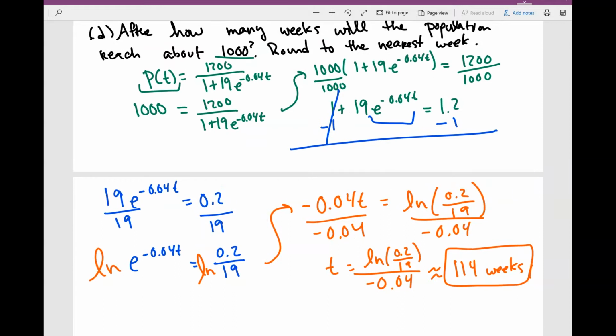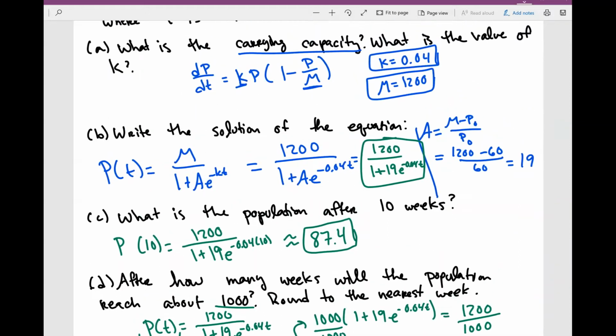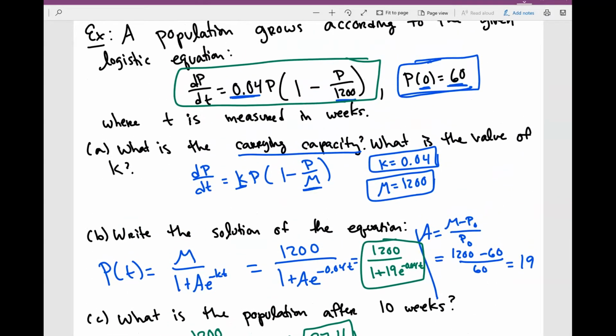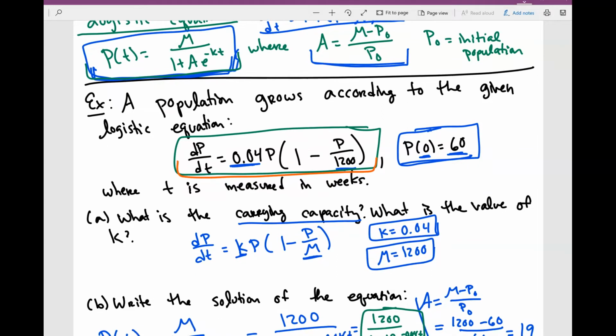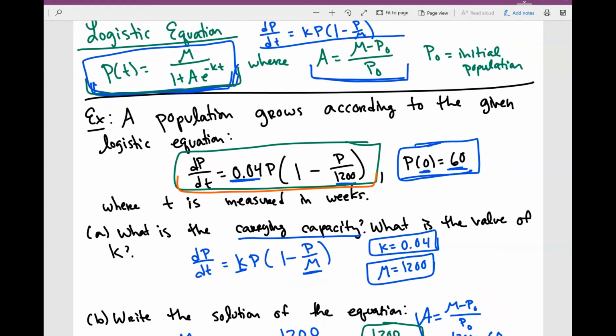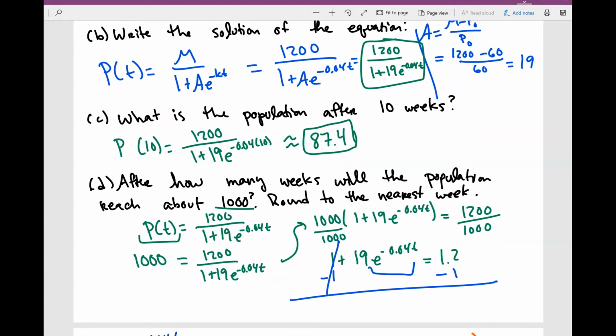With these problems, notice that there really is no calculus that you have to do. The calculus has already been done for you. What you really have to do is piece everything together by figuring out the logistic equation, the solution based on the value of A they give us, and then do a couple of problems using just some algebra that you've learned from pre-calculus.